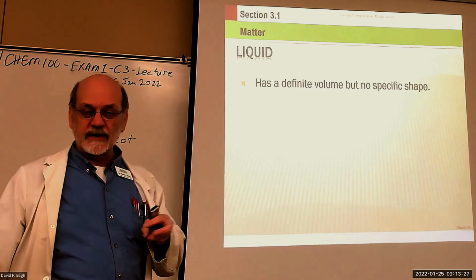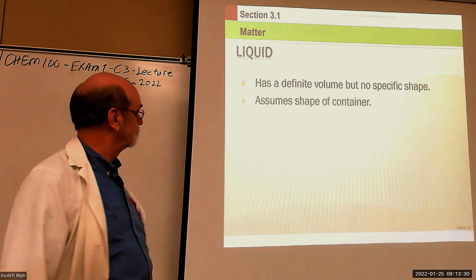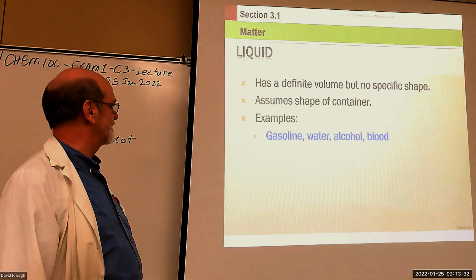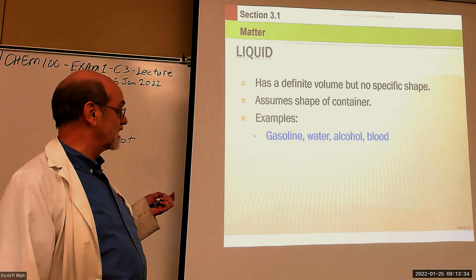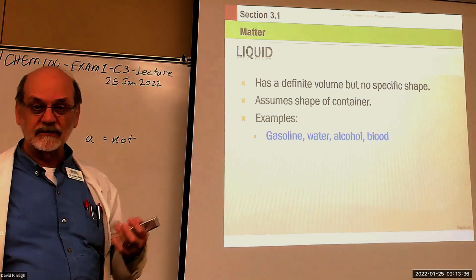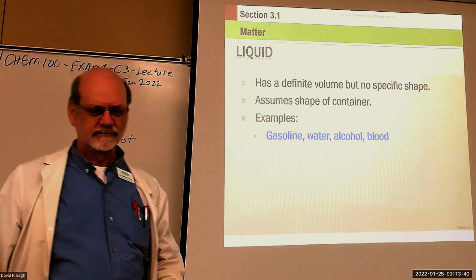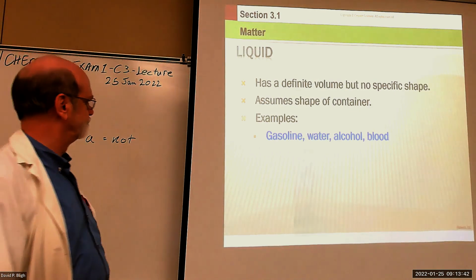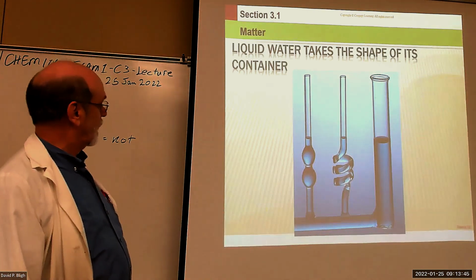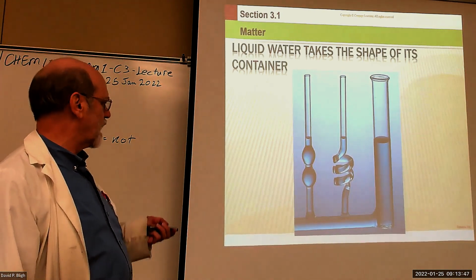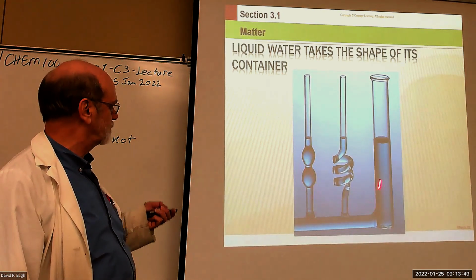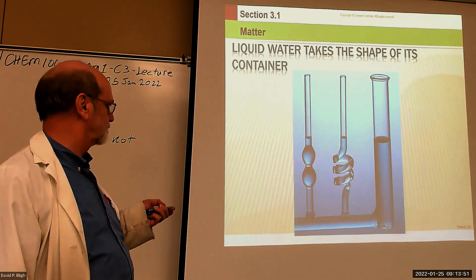But it has no shape. It needs a container. Okay. Gasoline's a good example. Water's a good example. Blood is a liquid. Okay. So here we have the same liquid occupying different shapes. It's probably water.